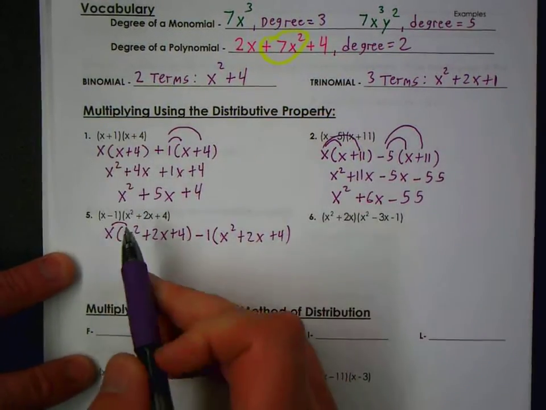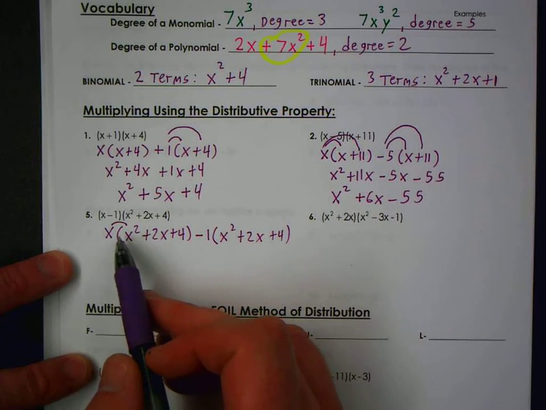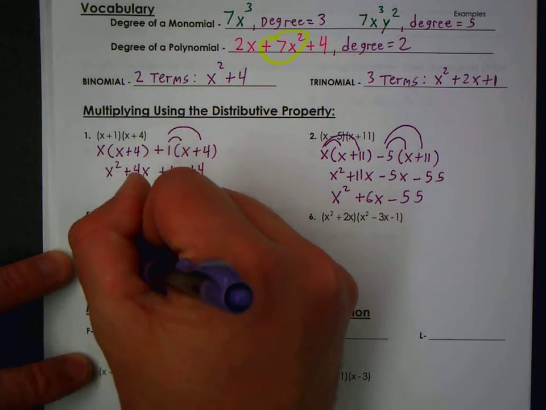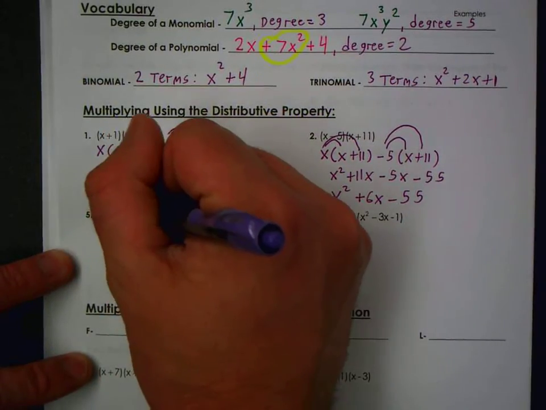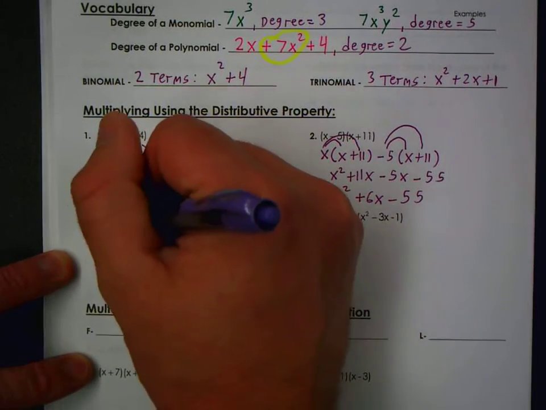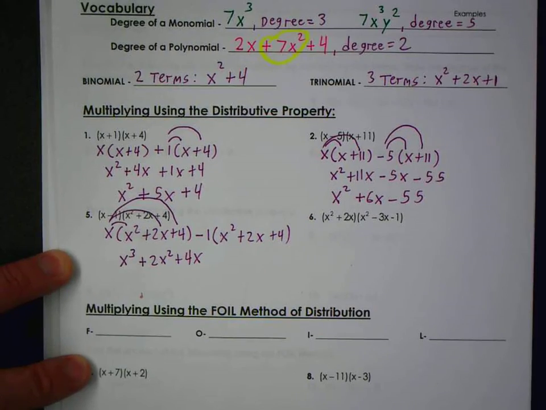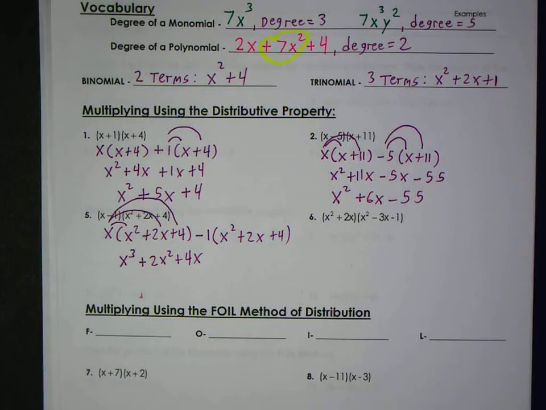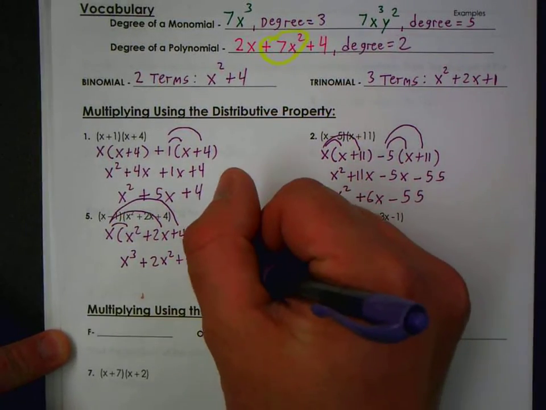X times x squared, that's like x to the 1, that's x to the second. You add the exponents. 1 plus 2 is 3. X times 2x is 2x squared. And then times 4 is 4x. And then negative 1 distributed, all it does is change the sign. So it changes that to a negative, that to a negative, and that to a negative.